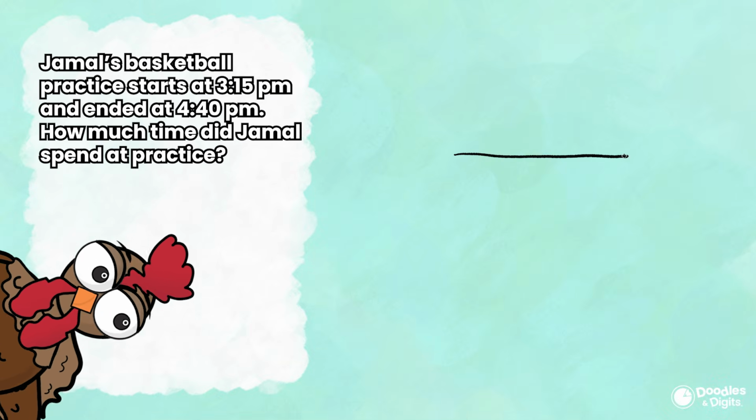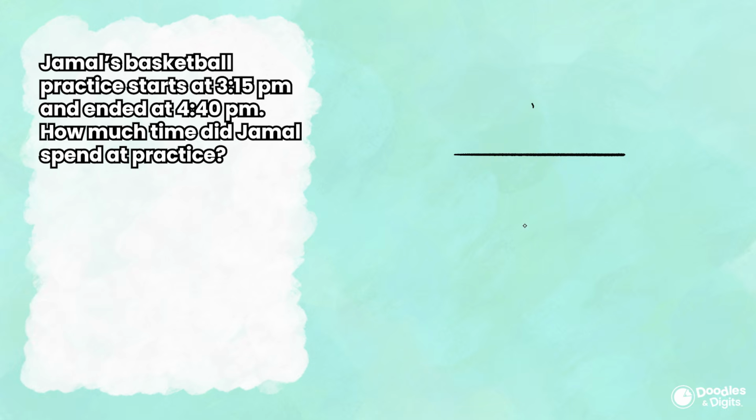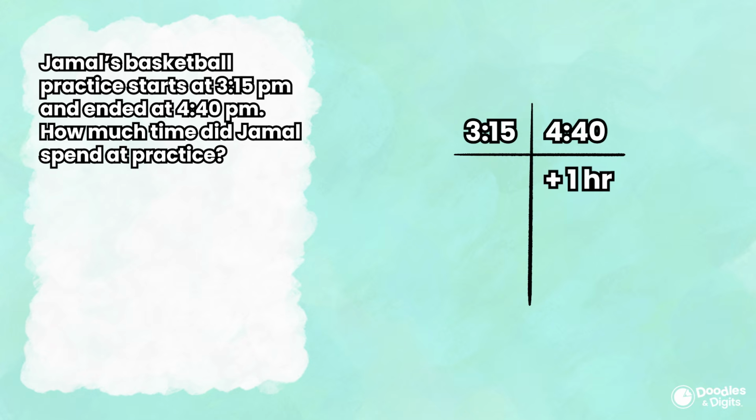Try another one. Jamal's basketball practice starts at 3:15 p.m. and ended at 4:40 p.m. How much time did Jamal spend at practice? Let's use a T-chart. I'm going to start at 3:15 and I know my end time needs to be 4:40. So how much time are we going to add in the right column to get to 4:40 p.m.? I'll first add an hour to get to 4:15.